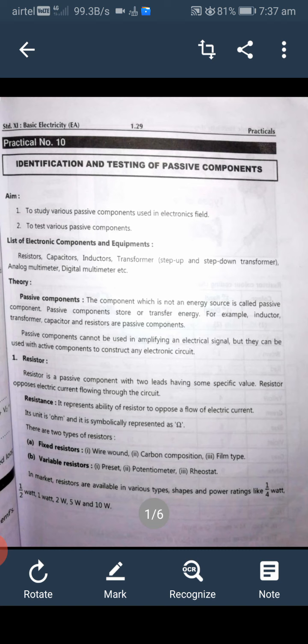There are two types of resistor: fixed resistor, including wire wound resistor, carbon composition resistor, and film type resistor; and variable resistor, including preset, potentiometer, and rheostat. In the market, resistors are available in various types, shapes, and power ratings like quarter watt, half watt, 1 watt, 2 watt, 5 watt, and 10 watt.